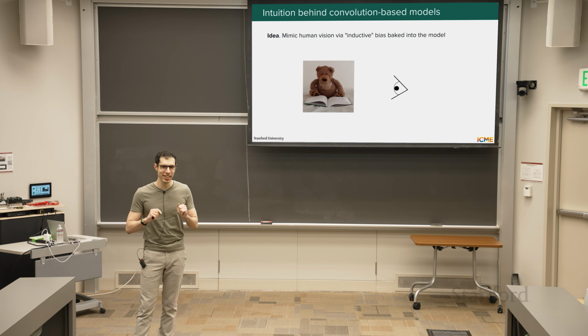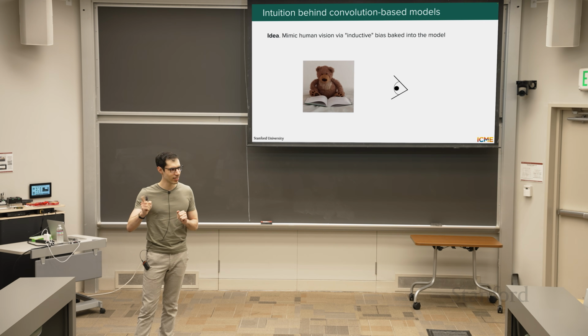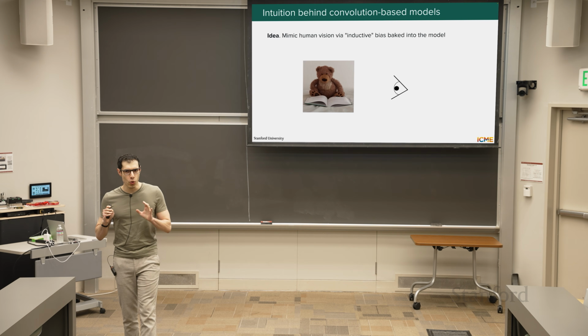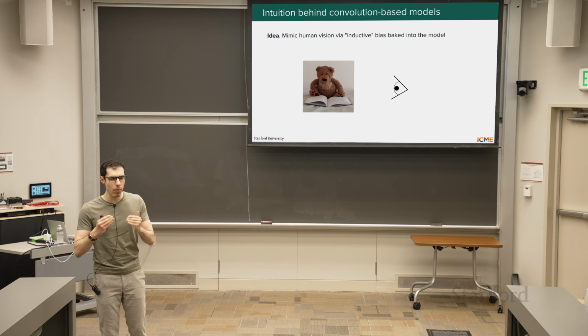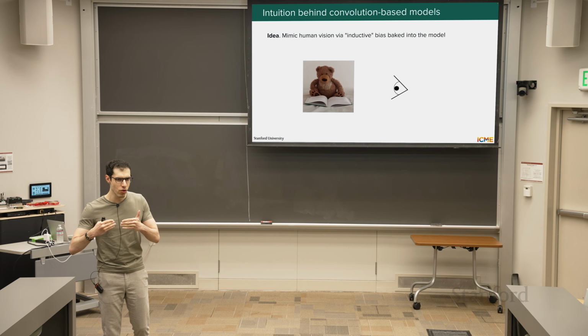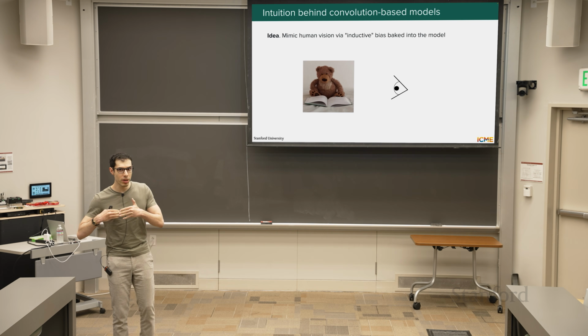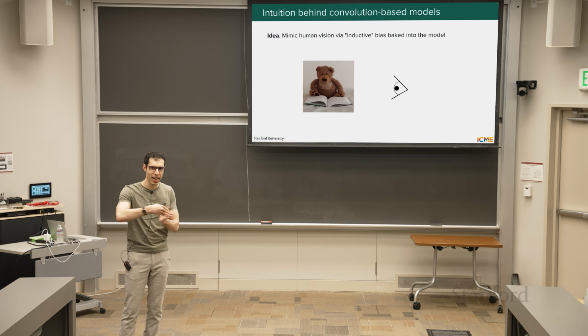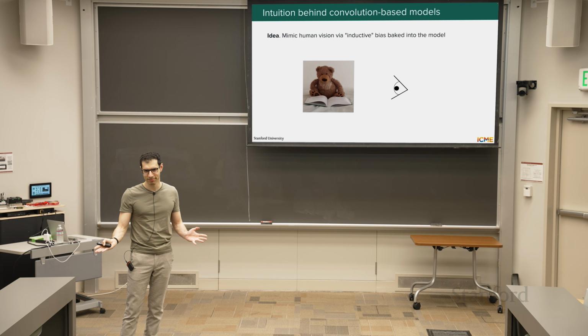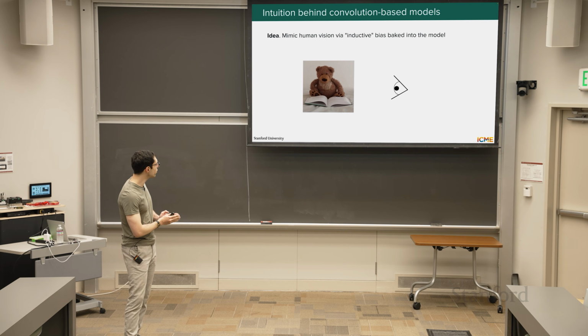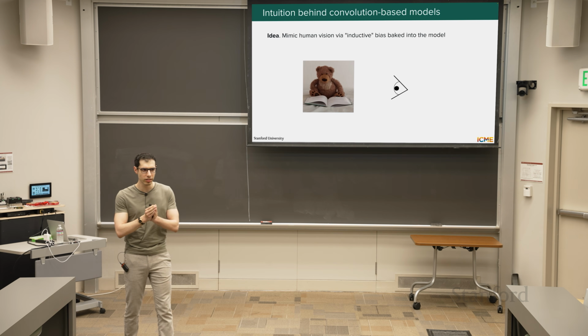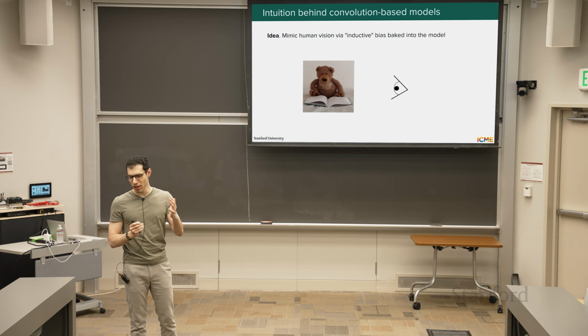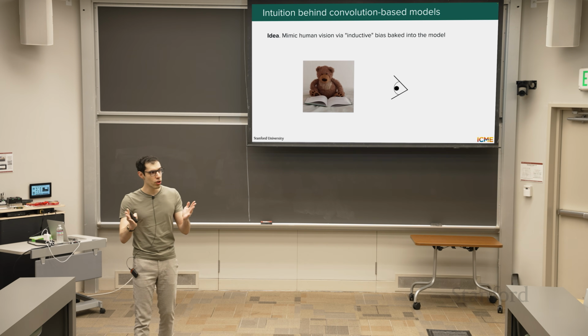Who has heard of inductive bias, by the way? Yeah, a few people. So we say that the model has an inductive bias when we build it in such a way that it behaves in some way that we think it should behave. In other words here, we want our model to take some image as input and scan it a little bit like humans do.